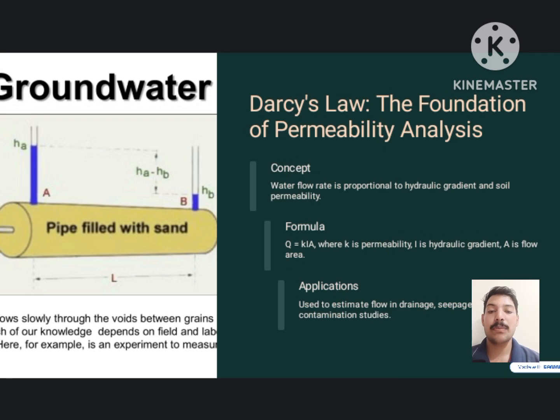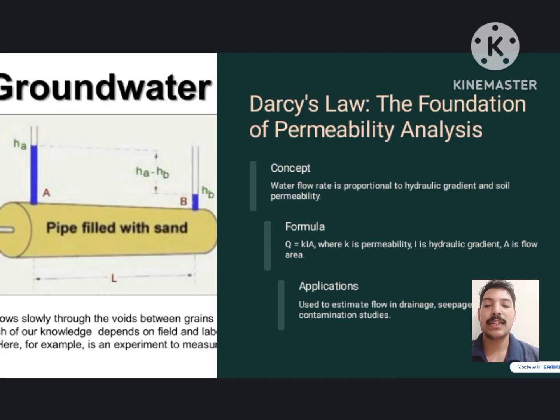Concept: water flow rate is proportional to the hydraulic gradient and the soil permeability, and Darcy's law gives the formula Q = K × i × A, where K is the permeability, i is the hydraulic gradient, and A is the flow area. Here K is called the coefficient of permeability. This value depends on the soil type and determines how fast water can flow through it.